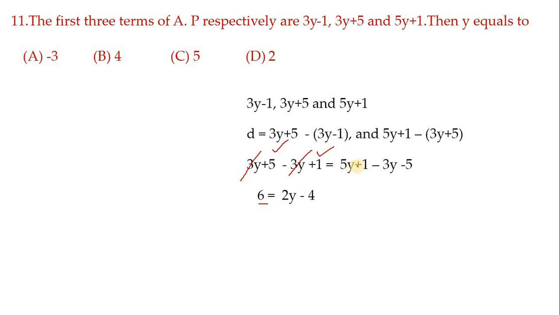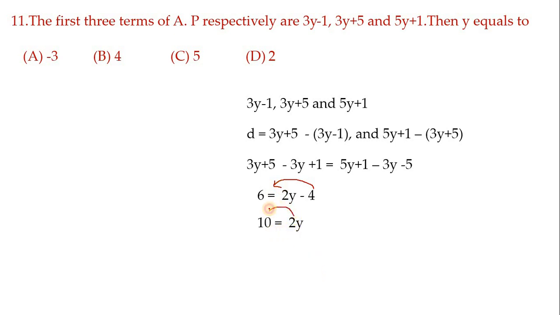So here I'll get 6, and here in 5y subtract 3y we get 2y, and 1 minus 5 means minus 4. Next, this minus 4 transfer this side, it will become plus 4. So 6 plus 4 is 10. So 10 equals to 2y.